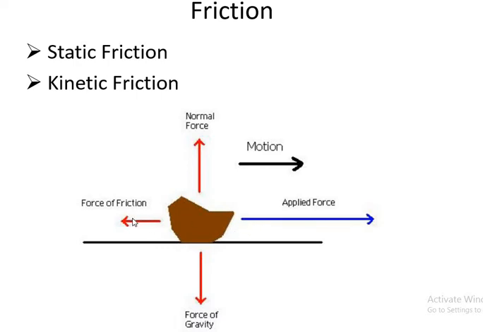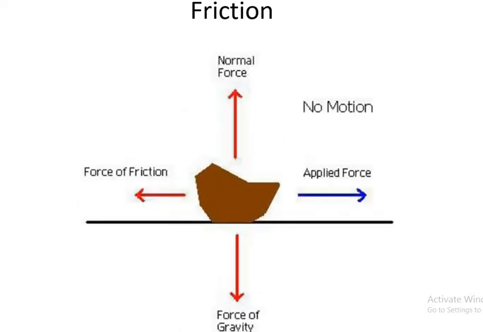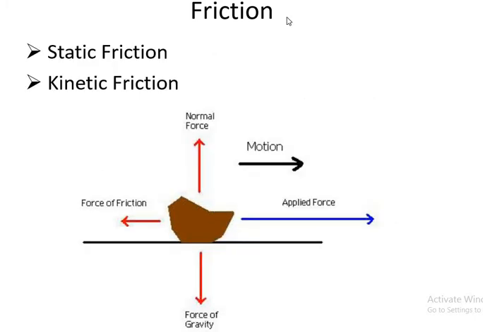Or if the force of friction is more than the applied force, the body will also be at rest. In this figure, the force of friction and the applied force are equal, and the normal force and force of gravity balance, so the body is not in motion. Here you see the one that is in motion.